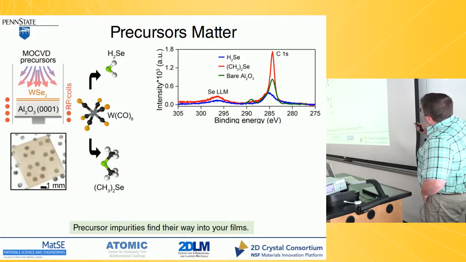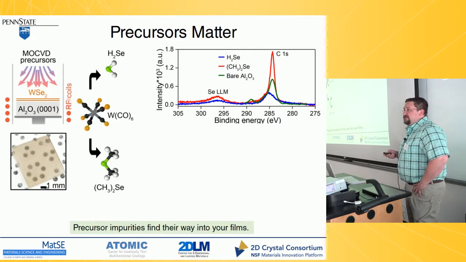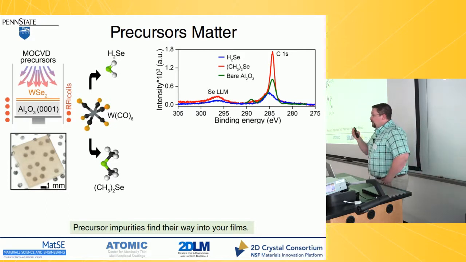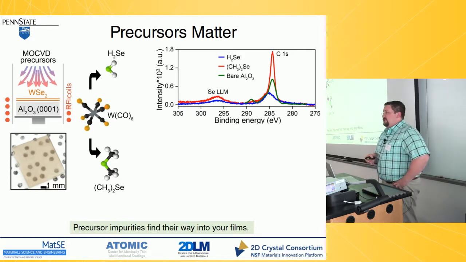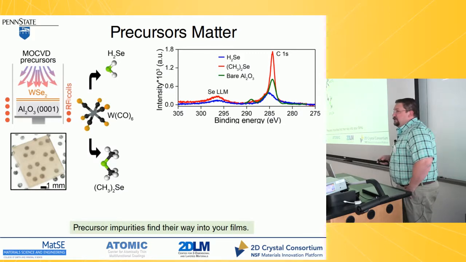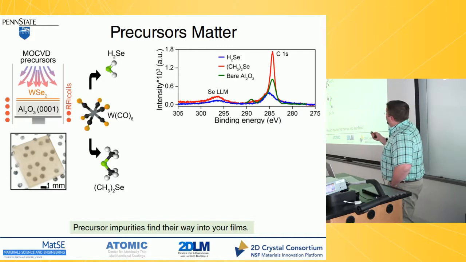Actually, in this particular case, you get a reduction in the carbon peak for the hydrogen selenide. So we've got some smudge on the surface, right? When we have our wafer, depending on the precursor we use, we can either reduce the carbon contamination on the surface or we enhance it. And presumably it's because of these methyl groups on here, right? So it's a very clear correlation there where we go to this particular gas.